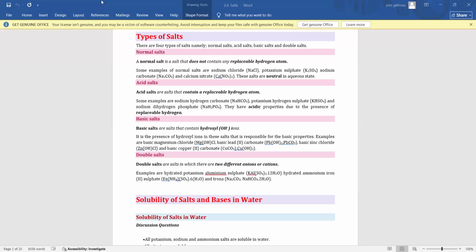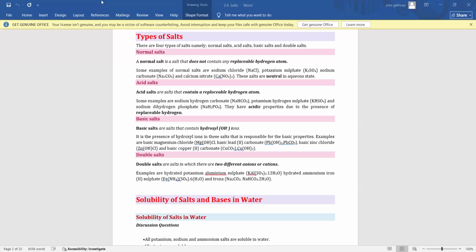So that's when we get a salt. Back in Form 1, on the topic of acids and bases, once we reacted acids with a metal, for instance, we were getting a metal salt and water. So those are some of the salts that we are talking about.